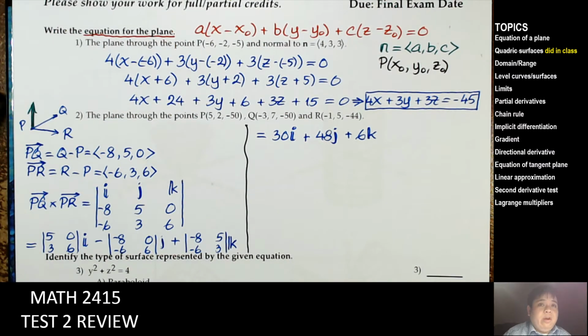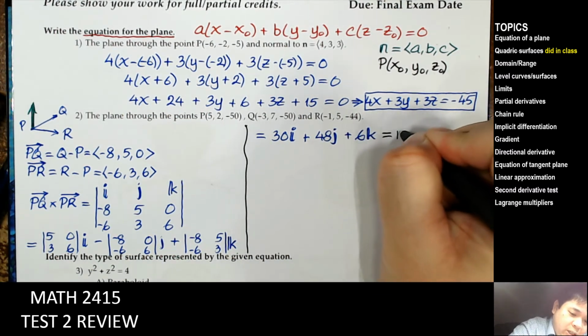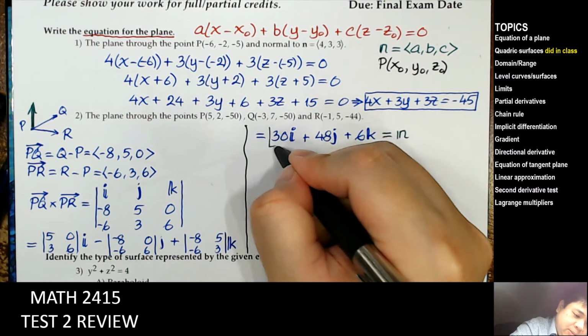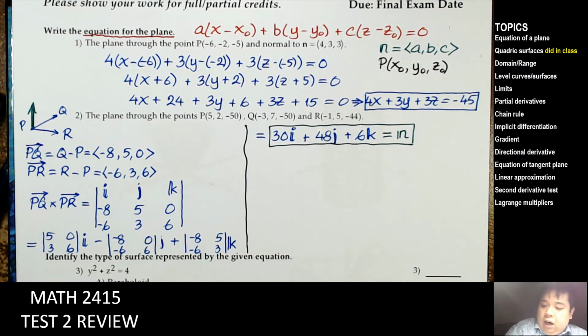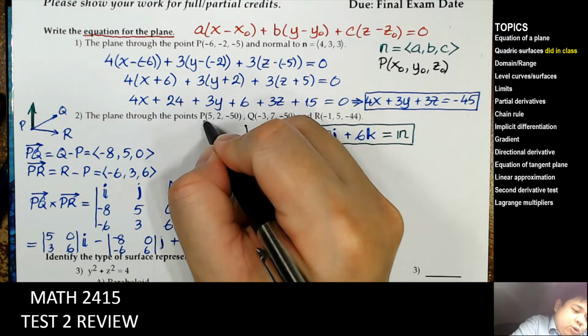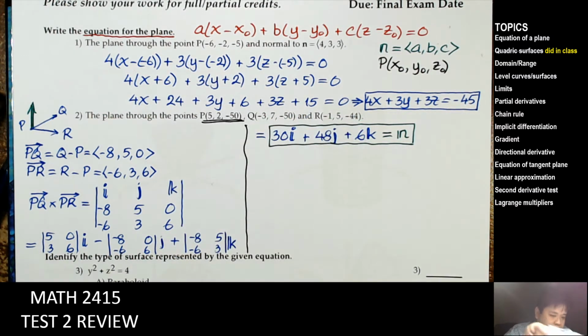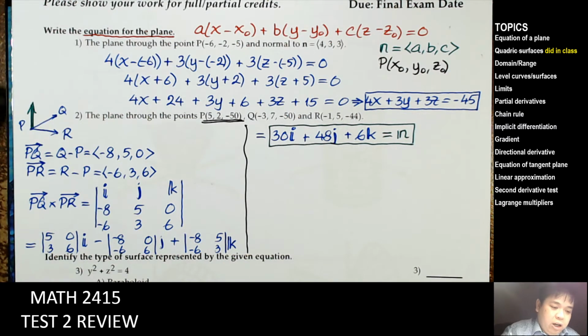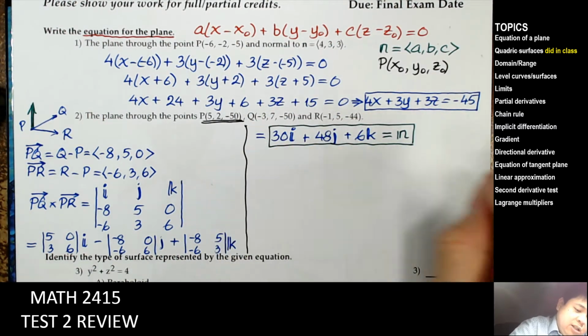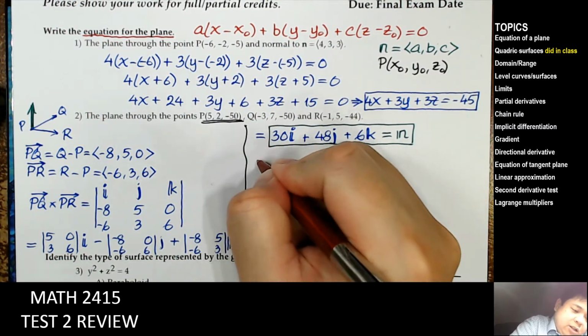So we take any two vectors on the plane and do the cross product. So this is going to be equal to the normal vector. We can use any point. I'm going to use the point P here. So the equation of a plane is that. Alright, just copy that again.